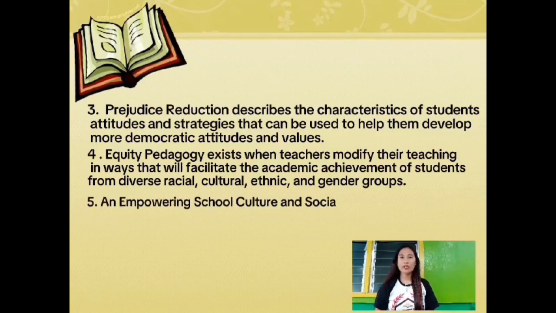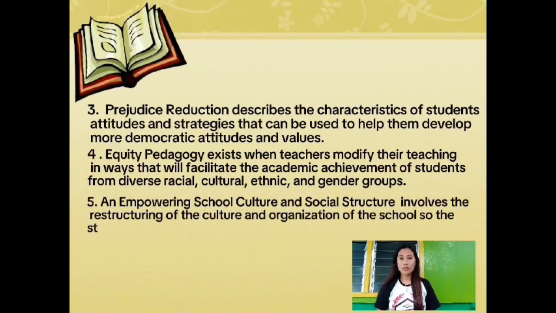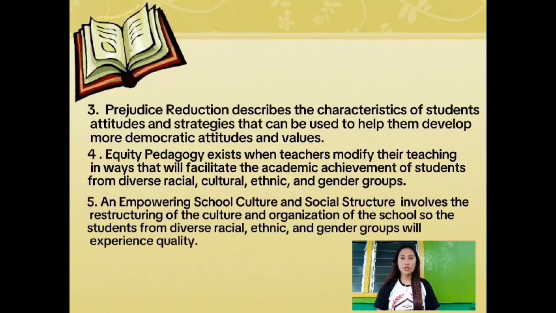An empowering school culture and social structure involves the restructuring of the culture and organization of the school so that students from diverse racial, ethnic, and gender groups will experience equality.